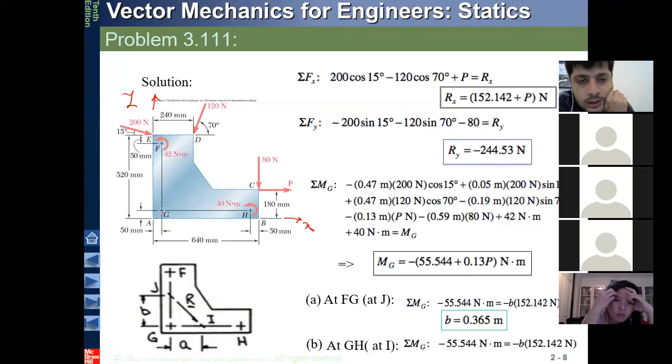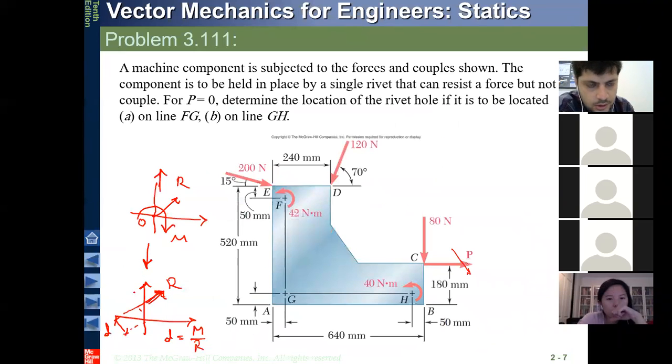So let's calculate the moment of these three forces with respect to point G. You can calculate the moment of force around any point, and as I said, then you can displace that resultant with the distance that would be equal to the moment over the resultant force.